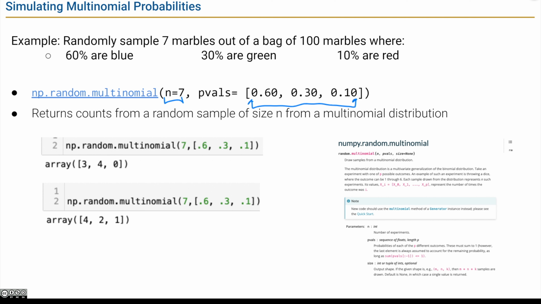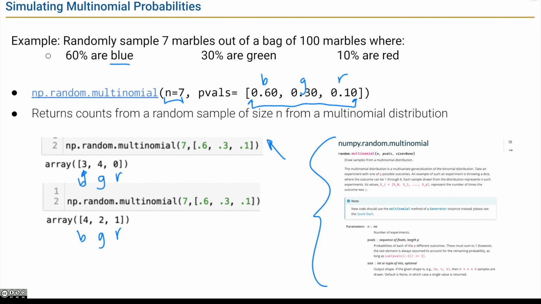What comes out is a count: the number of blue first, because I gave blue first, then green second, then red. In a random sample with these probabilities, I ended up with 3 blue, 4 green, and 0 red. If I do it again, I get a different outcome: 4 blue, 2 green, and 1 red. That's the built-in function, and it's going to be useful as we simulate these distributions.